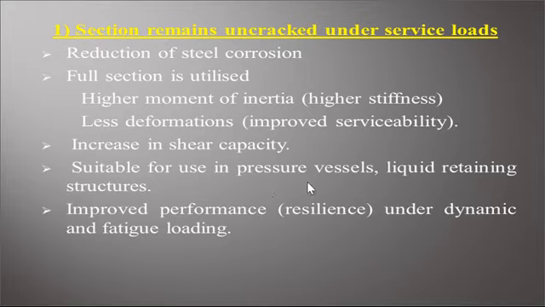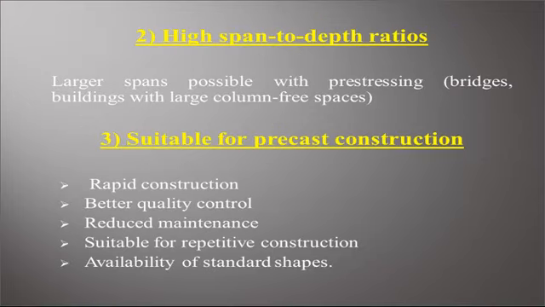It is suitable for use in pressure vessels and liquid retaining structures, because there is the least chance of leakage due to crack arresting. Performance improves, that is, resilience under dynamic and fatigue loading. Repeated loading, this is also good for the repeated application of load.